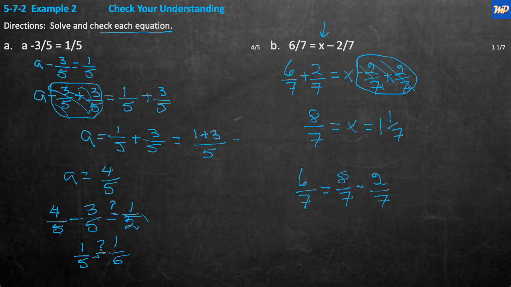And all the denominators are the same, so all we have to worry about is the mathematics of the numerators. And that equals 8 minus 2, which is 6/7. Does 6/7 equal 6/7? Yes, it does.